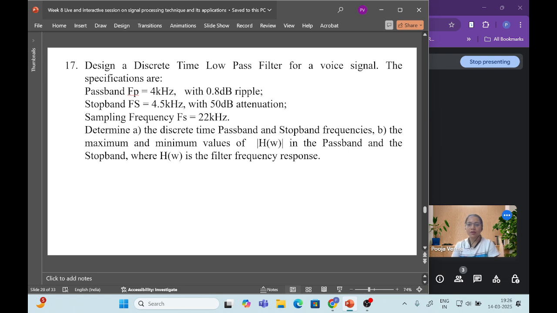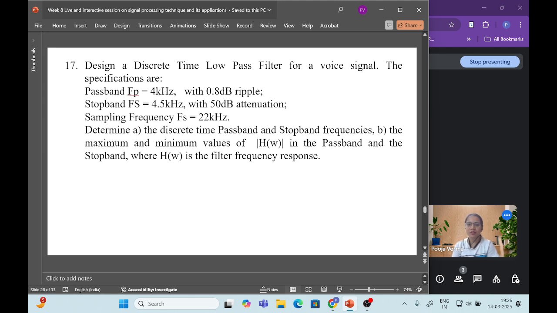Okay, so now the next question is to design a discrete time low pass filter for a voice signal. The specification is: pass band frequency is 4 kilohertz with 0.8 dB ripple. Stop band frequency is 4.5 kilohertz with 50 dB attenuation.